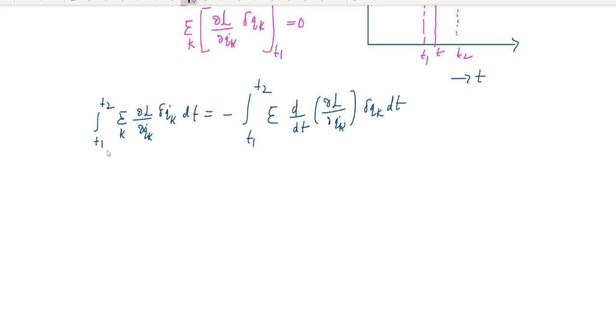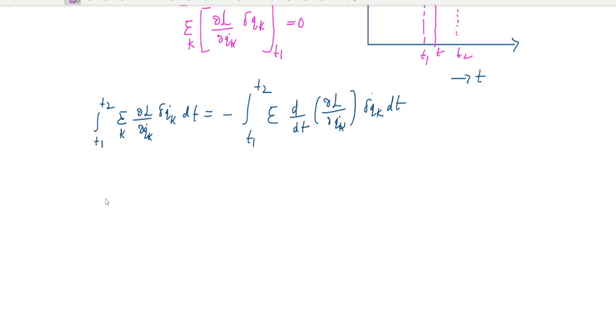Now we'd like to rearrange this equation. Now try to rearrange this equation, we'll get the Lagrange equation.